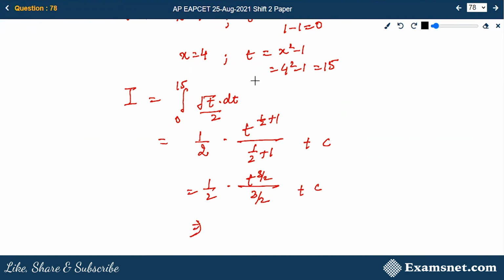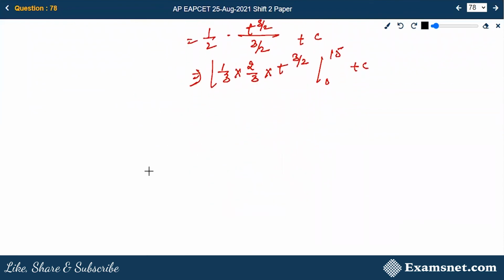So this will be 1 by 3 into 2 by 3 into t raised to power 3 by 2. The limits are 0 to 15 only, right? Sorry, it was 2 over here, so they will get cancelled. It will be 1 by 3.